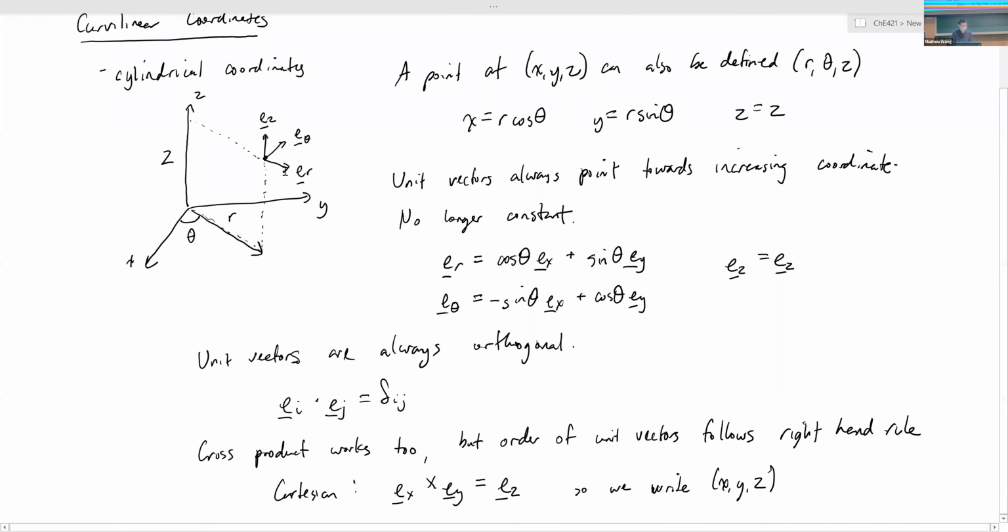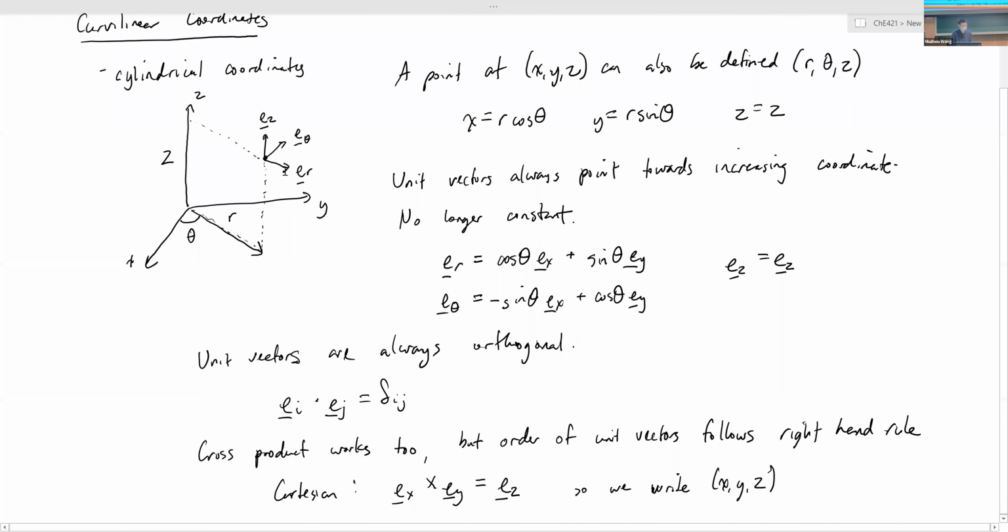That's always going to be true. ER cross E theta is equal to EZ. So that's why we call it R, theta, and Z.